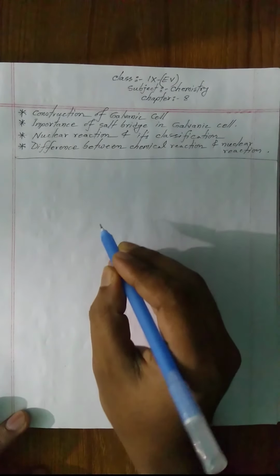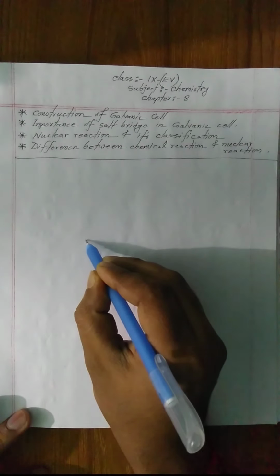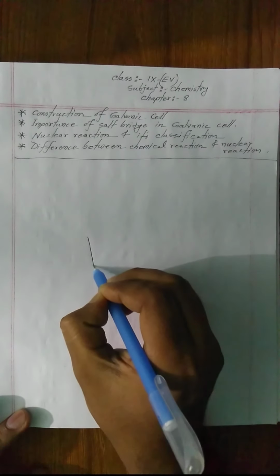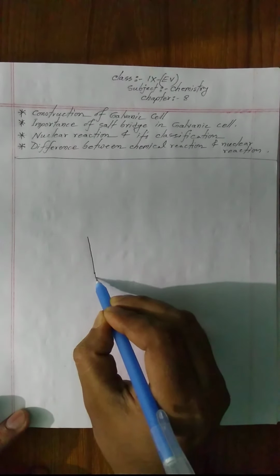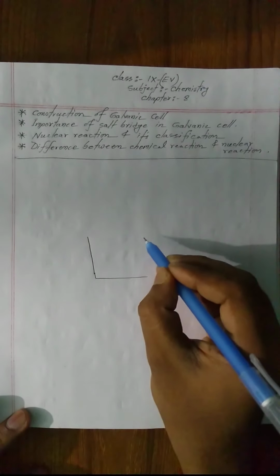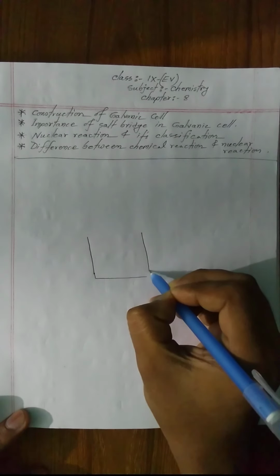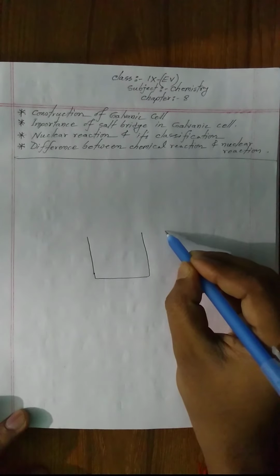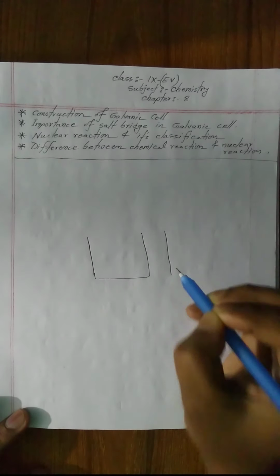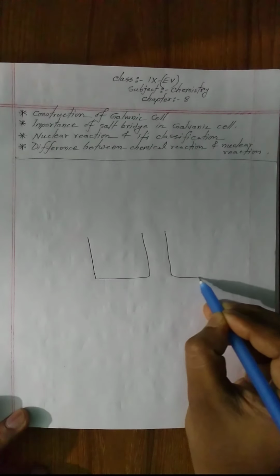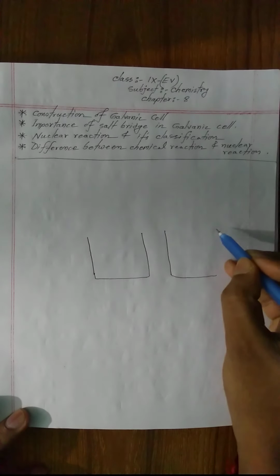So first, construction of galvanic cell. First we have to draw a galvanic cell. First we have to take two containers, either made of glass or metal.